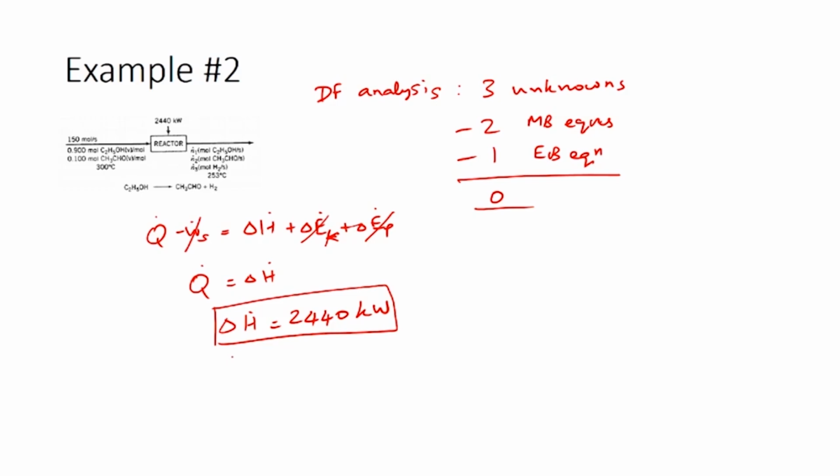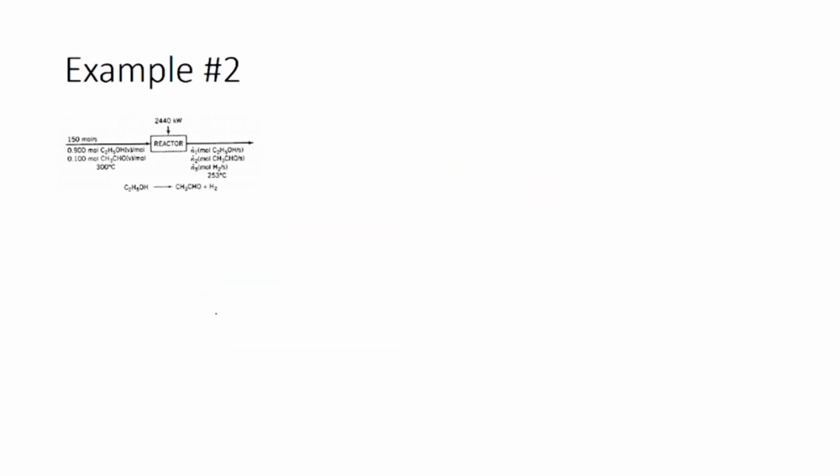Now we need to find the equation which would represent delta H dot. For that we would have to build the enthalpy table. Let us identify the reference state which we would want to use. Here I have used the elements as the reference state, so that I can use the heat of formation method. The reference state would be carbon solid, hydrogen gas and oxygen gas, all at 25 degrees Celsius and 1 atmosphere.